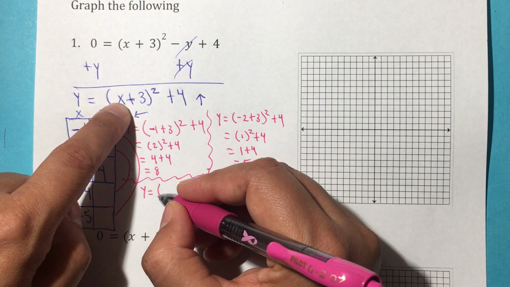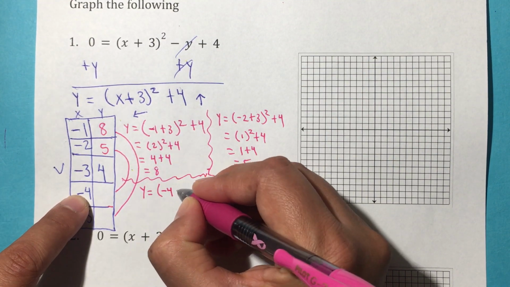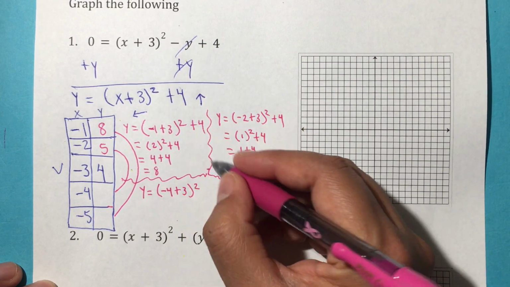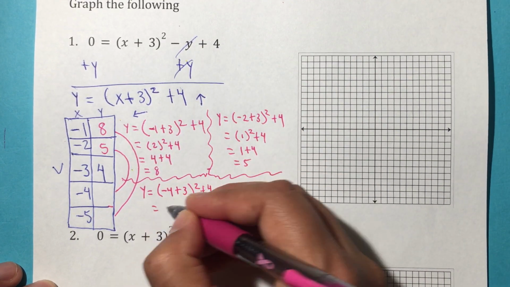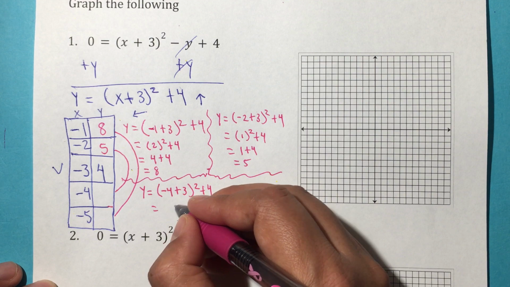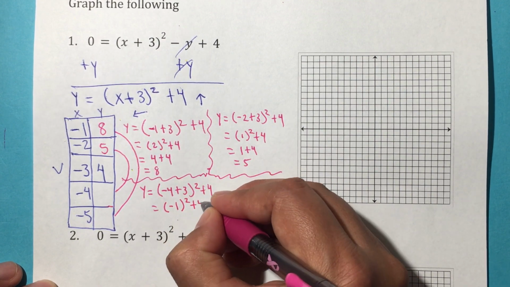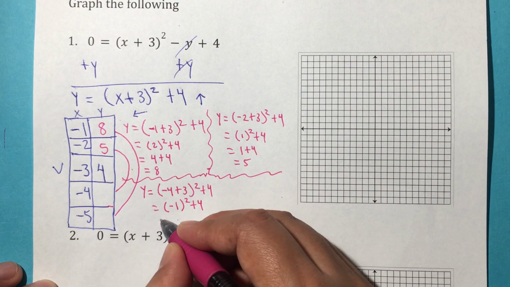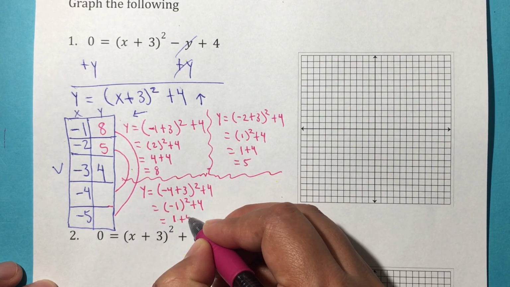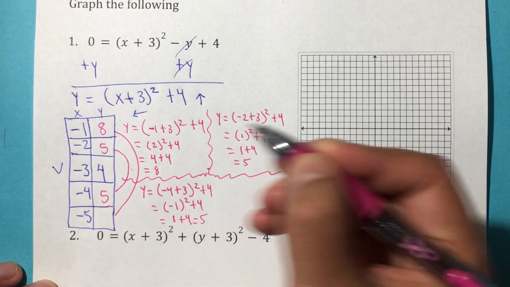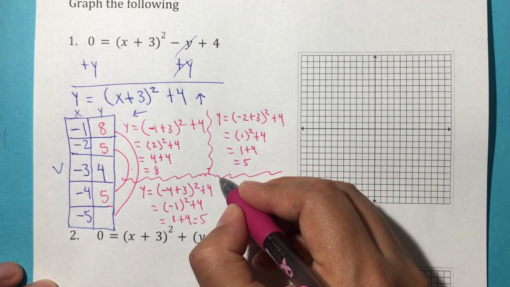So again, y is equal to x, which is negative 4, plus 3 squared plus 4. And negative 4 plus 3 is negative 1. Now I do need the parentheses. And negative 1 times negative 1 becomes positive 1 plus 4 gives us 5, which is our value for y.